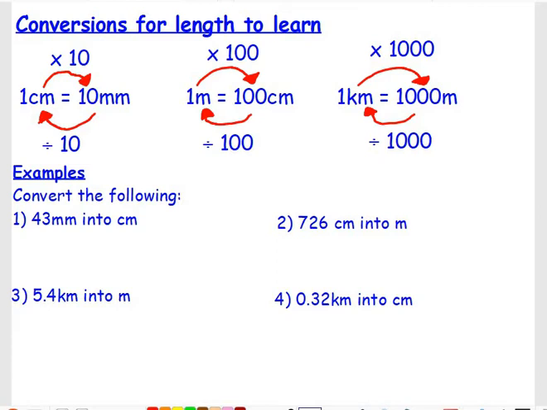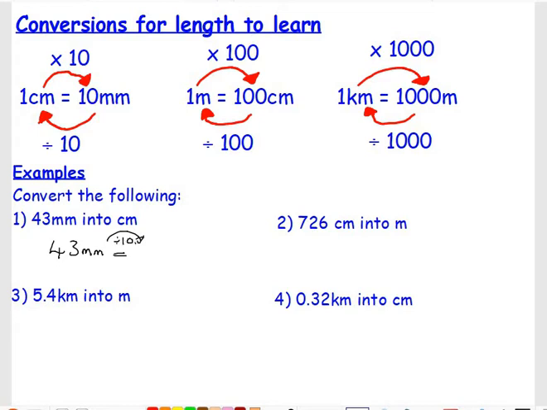So if we look at these examples, convert the following. Number 1, 43 millimetres into centimetres. So 43 millimetres equals, well, we know to get from millimetres to centimetres we're going to divide by 10.